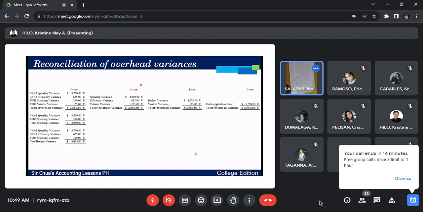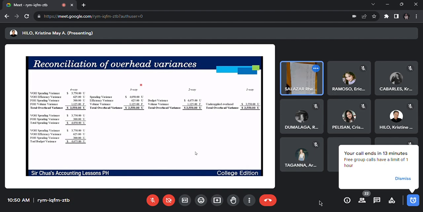We add the variable overhead efficiency variance of 625 unfavorable, since it is unfavorable. Then 300 for the fixed overhead spending variance, add again. Then we subtract the fixed overhead volume variance. That totals 3,500 favorable.